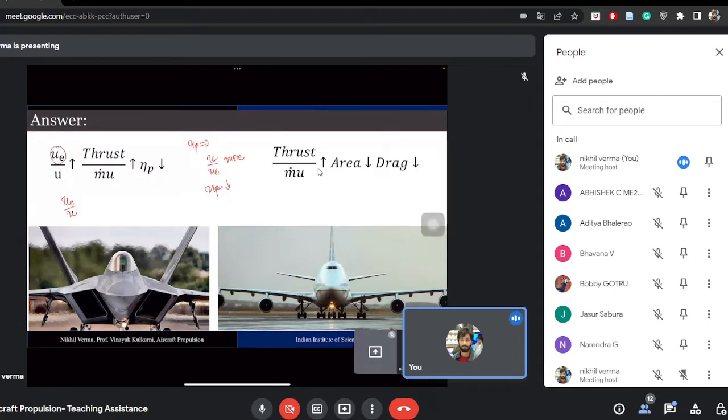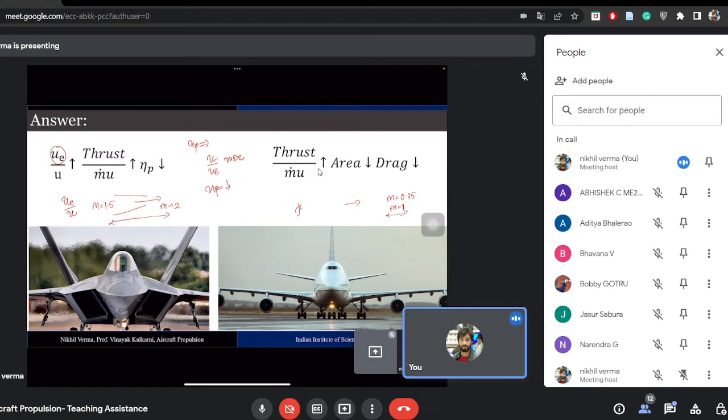So the exhaust velocity at the fighter jets comes out at nearly about Mach number 2, and they cruise around Mach number 1.5, whereas the commercial jet cruises around Mach number 0.75, and the exhaust is around Mach 1. Yeah. So you can see the difference is higher in this case as compared to this.